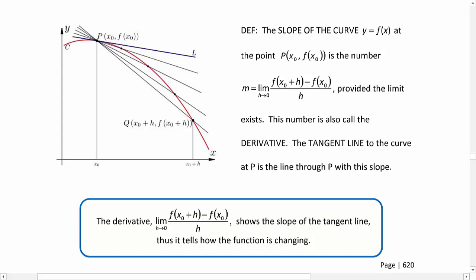You are going to spend a majority of your time in calculus finding the derivative. The tangent line to the curve at P is the line through this point P with the slope that's equal to the derivative. So the derivative, which is the limit as h approaches 0 of f of x sub 0 plus h minus f of x sub 0 all over h, shows the slope of the tangent line, thus tells us how the function is changing.